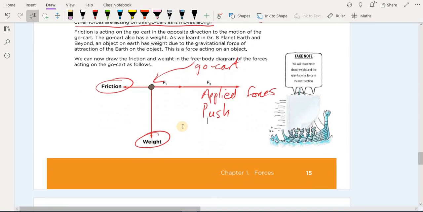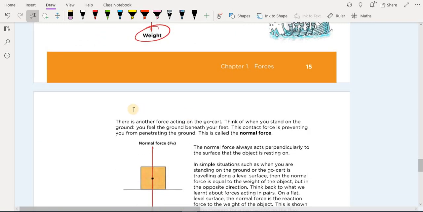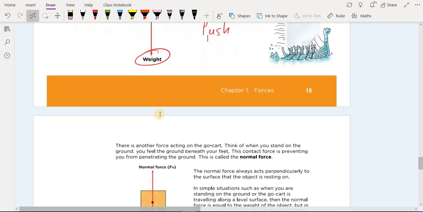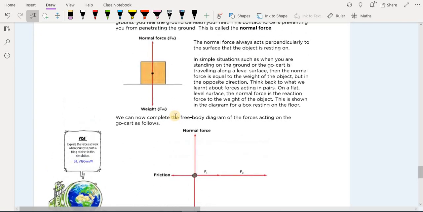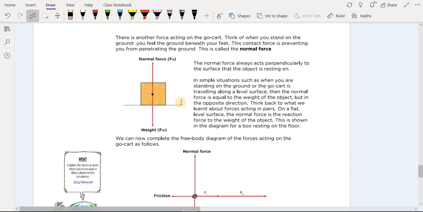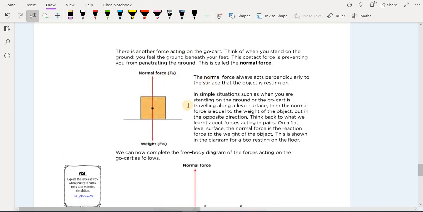So there's friction and then there's weight. Okay, and then there's one last force that we're going to end off with. And this is what we call the normal force. And I want you to really concentrate and think about this very carefully, because this completes the force diagram we're looking at. So there's another force acting on the go-kart.